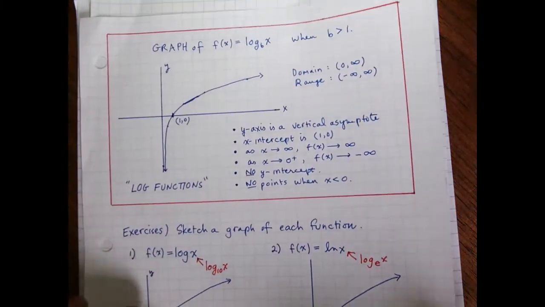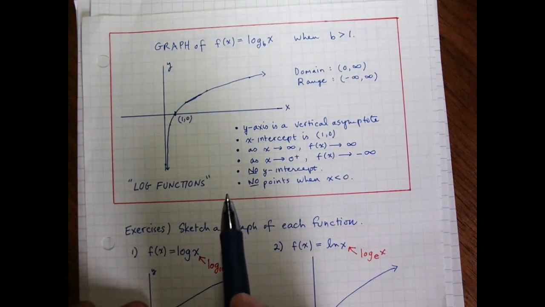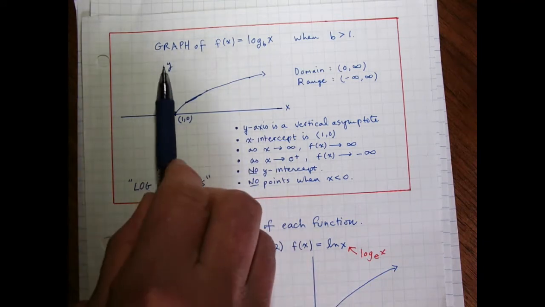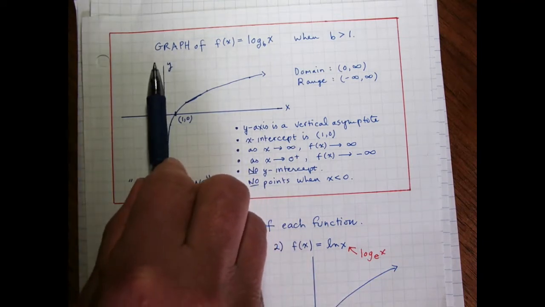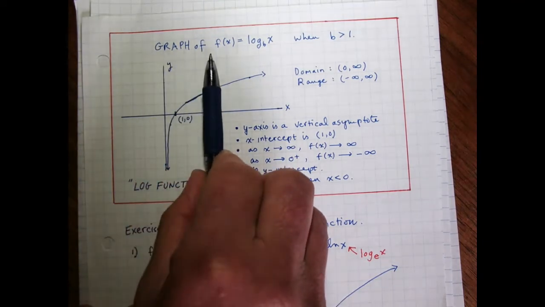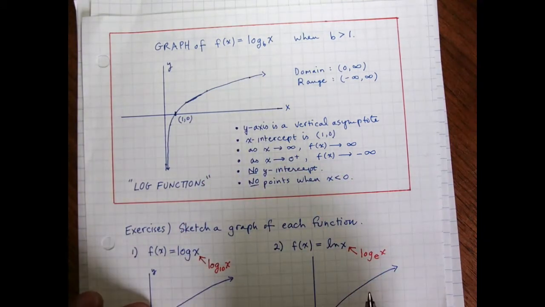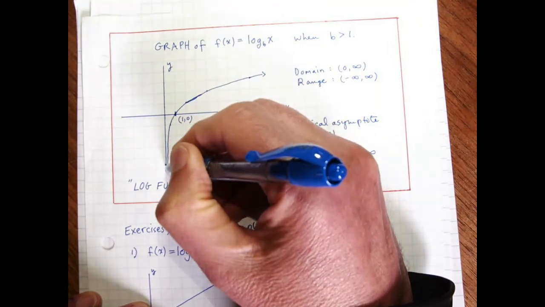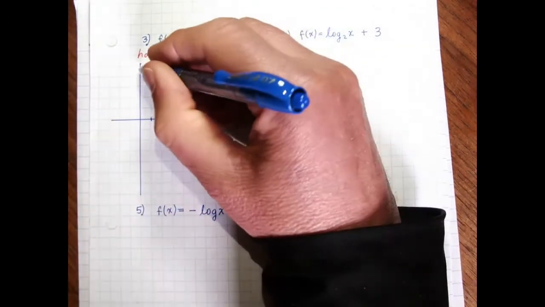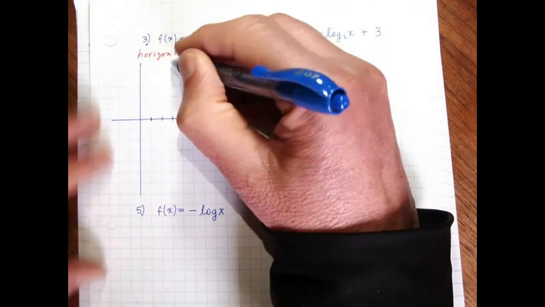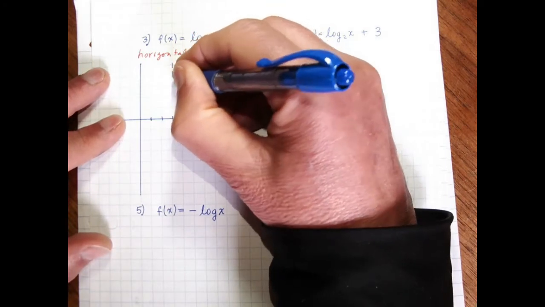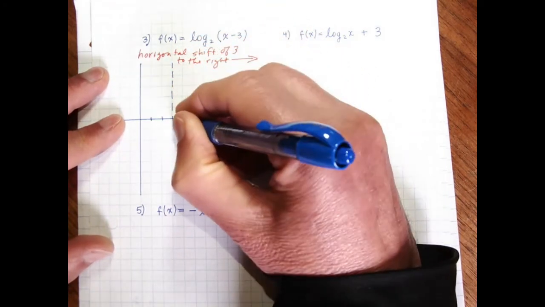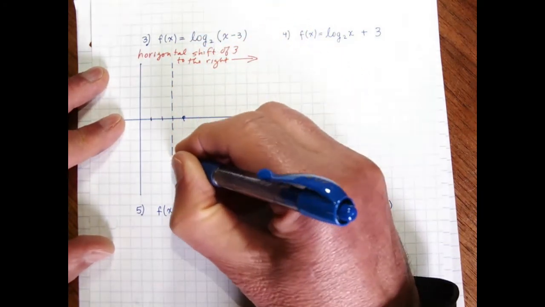And I'd say even more important than getting that point correct is that when we shift horizontally, the vertical asymptote moves along with the shift of the graph. So we had a vertical asymptote at the y-axis. When we shift 1, 2, 3 units over, we're now going to have a vertical asymptote right here.